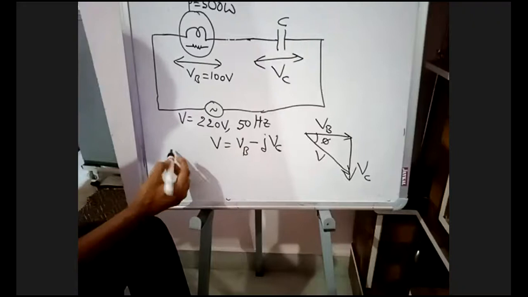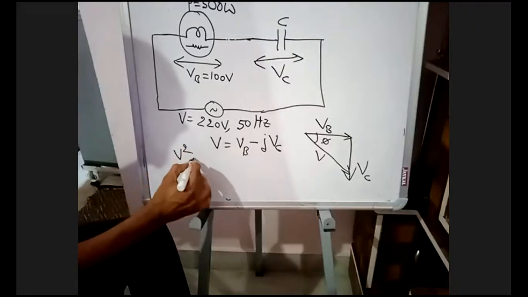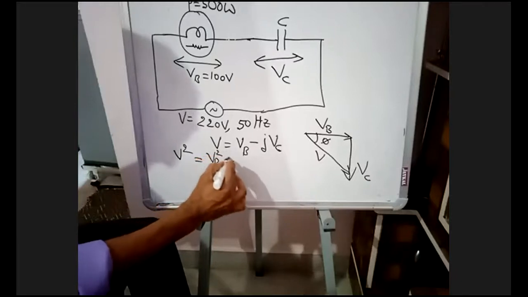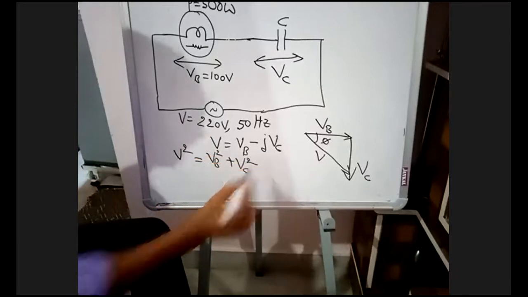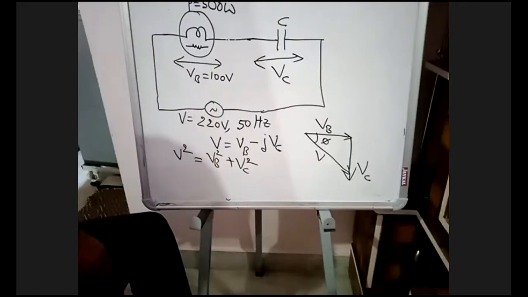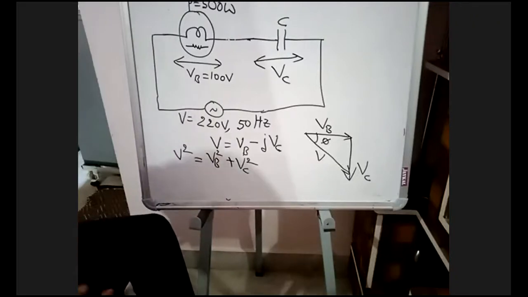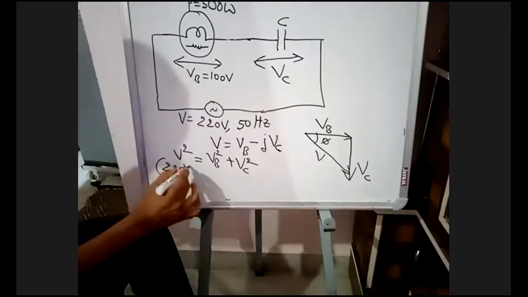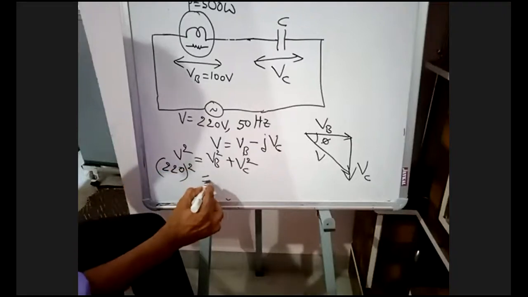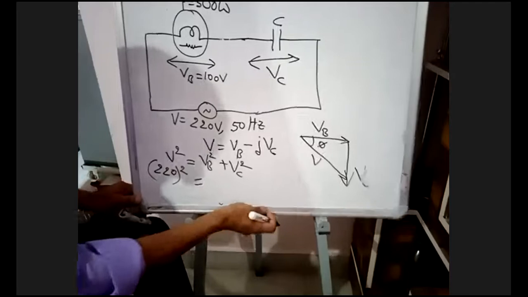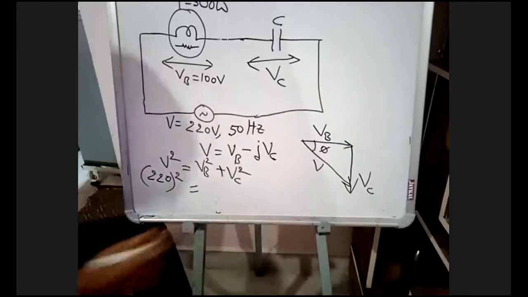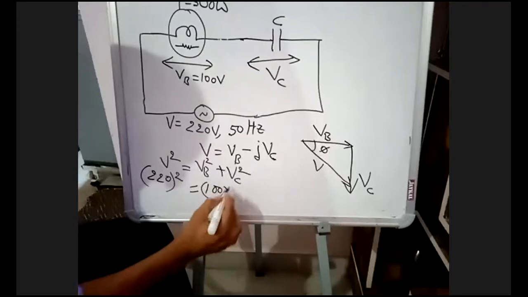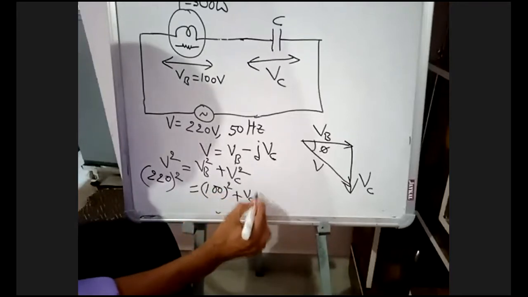VB we know. Therefore, hypotenuse square is equal to side square plus side square. V is 220 volts, VB is 100 volts, plus VC square.